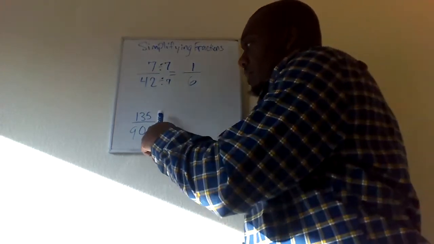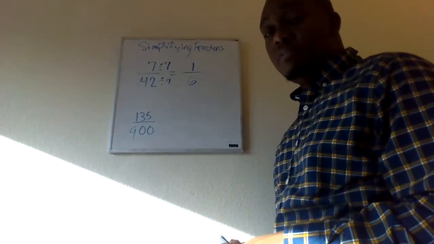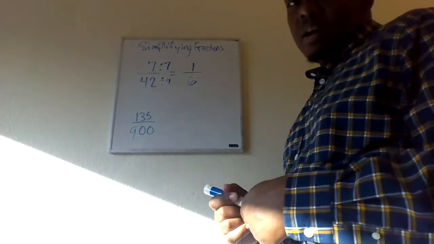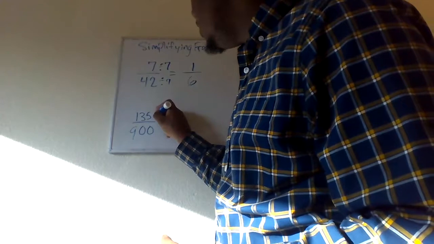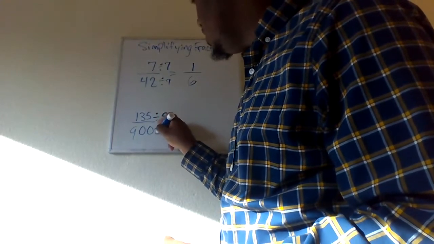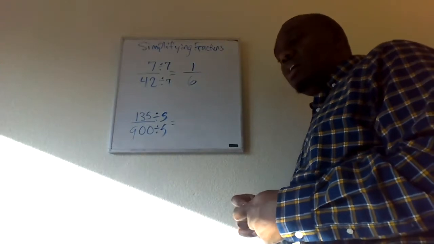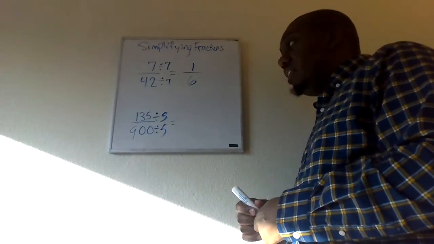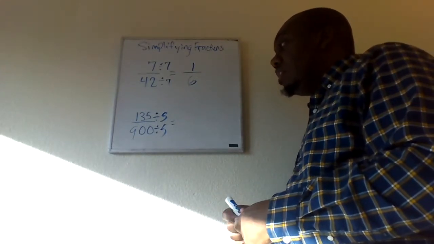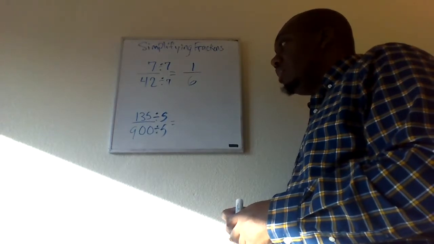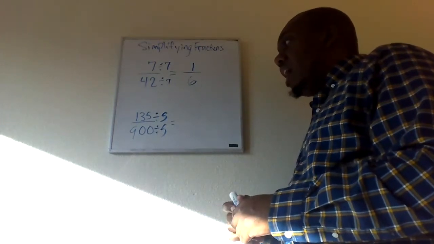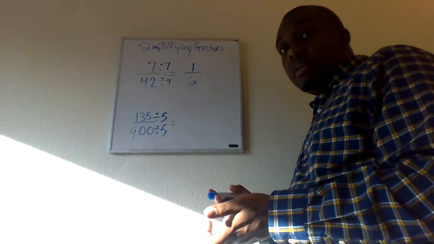You can find lots of different things to help you with that. But numbers that can be divided into both 135 and 900, I know at least one. Let's start with 5. We'll see what we get when we do that. Let's divide by 5 here. Let's divide by 5 there. 135 divided by 5, what would we get?